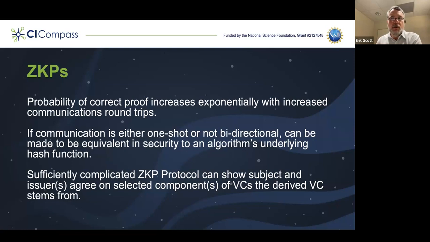And you don't have to run a whole lot of cycles to get really good statistical support for the idea that, yeah, they really did know that secret. You can make this thing effectively converge very, very quickly.